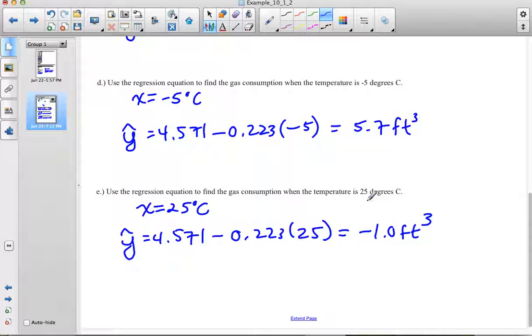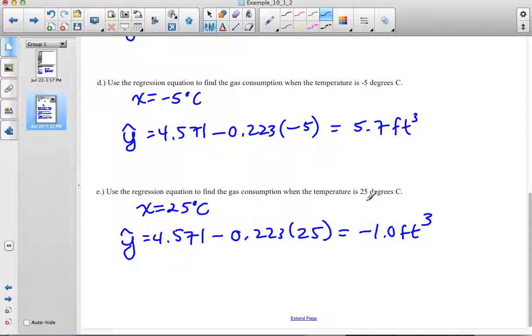In fact, it's nowhere close to any of my original data. And a value of negative 1 cubic feet doesn't make a whole lot of sense for gas consumed. You can't use a negative 1. That would mean that you're actually giving gas back to the company, basically. And that doesn't really make any sense. And so we wonder why this estimate is pretty far off from what it should be. And again, because this value is not within the range, this is extrapolation.